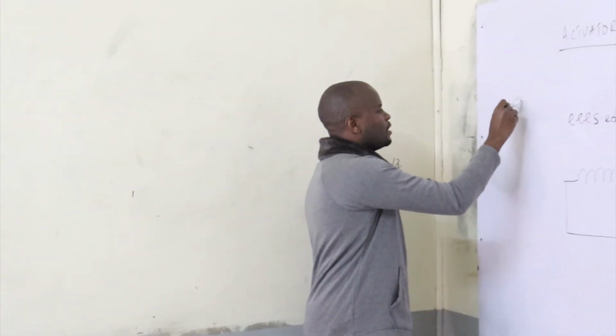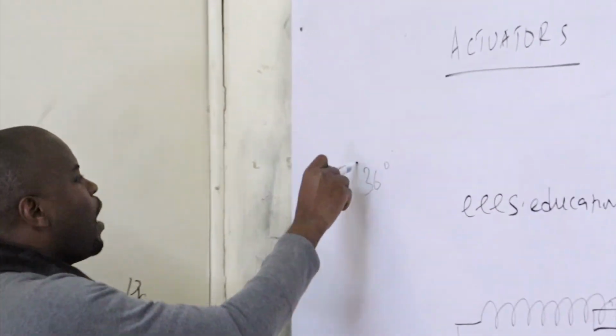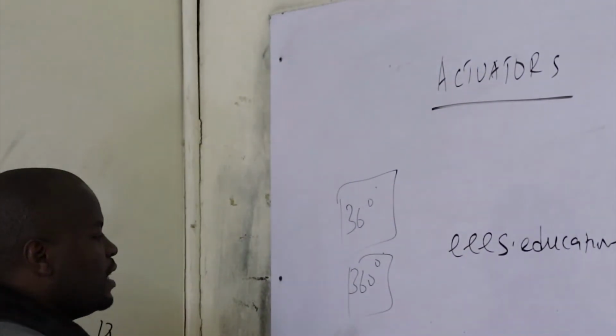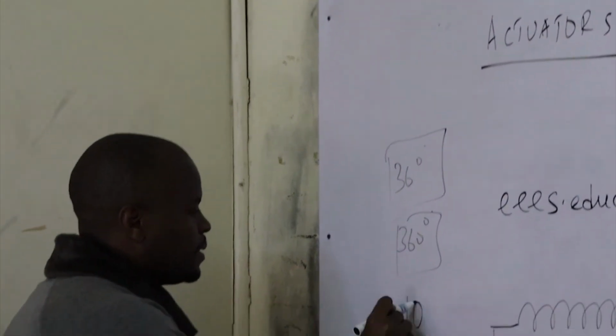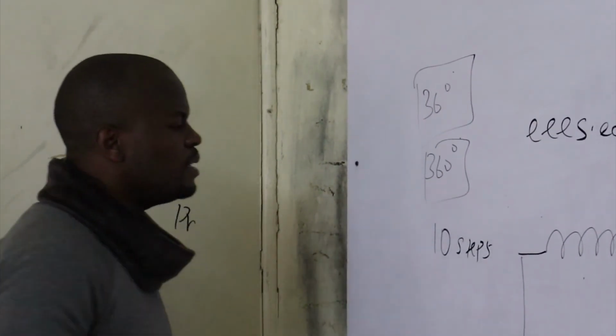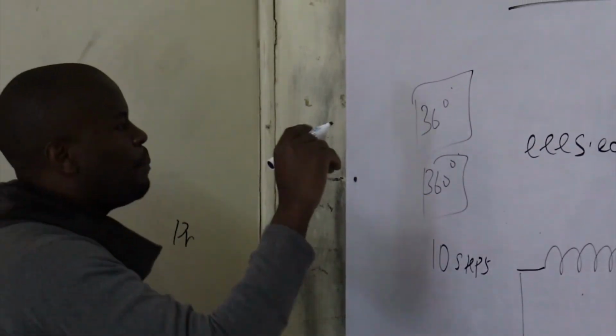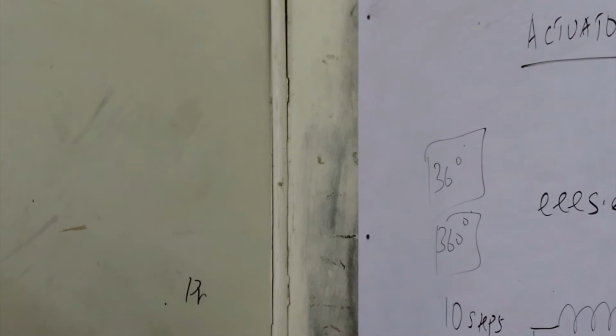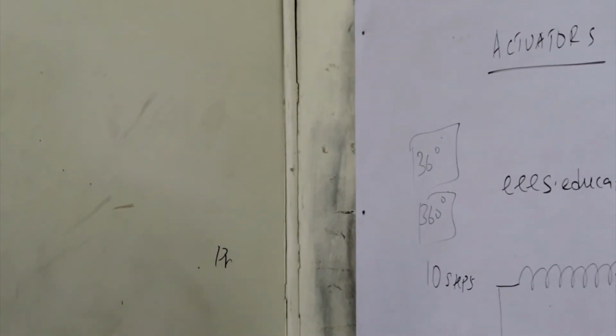For example, if we have a stepper motor with a step angle of 36 degrees, then to make one revolution, which is 360 degrees, it will take 10 steps. When a pulse is received, it moves once through an angle of 36 degrees, and to obtain a complete revolution of 360 we need 10 steps.